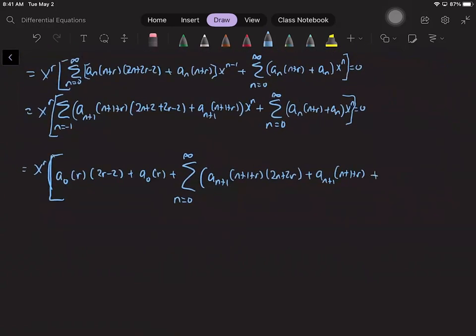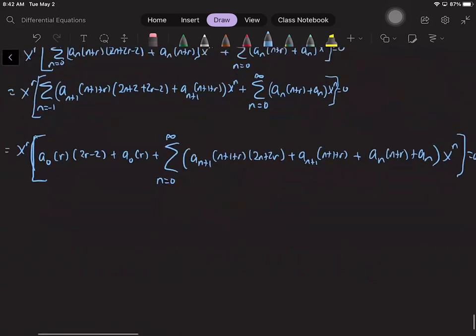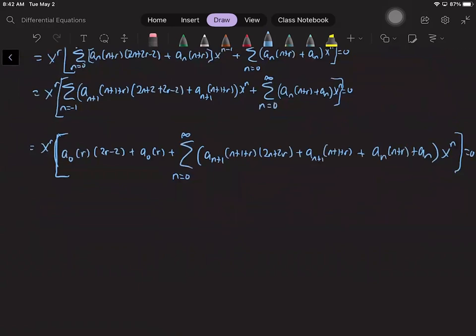Now I can put it with the second series because they both start at 0 now, and now that's all x to the n, n equals 0. Okay, so one more simplifying stage is typically all you need. So this looks like a0 times, and you can simplify it however you want, but I'll do it the same way as last time. So this is 2r squared minus 2r plus r.